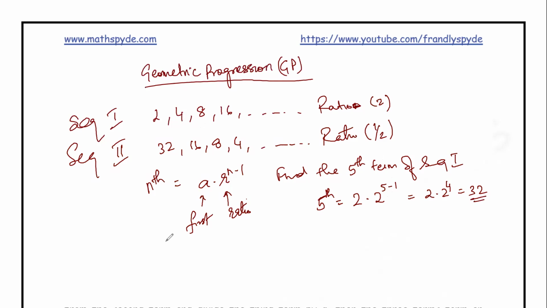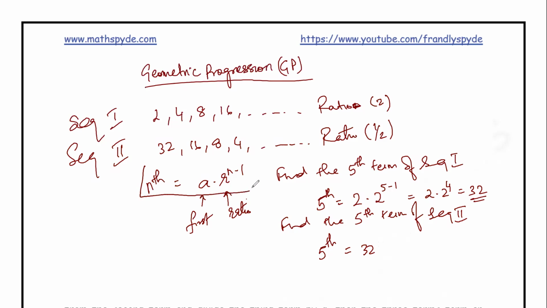And similarly, find the fifth term of sequence 2. So again, the first term is 32, a. So that's the formula we're using, into the ratio half raised to 5 minus 1.